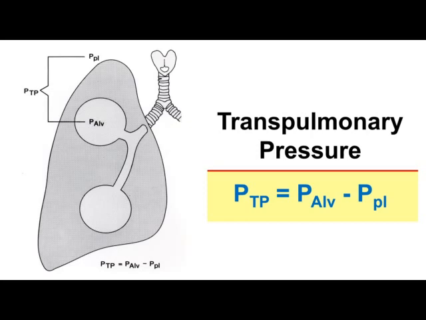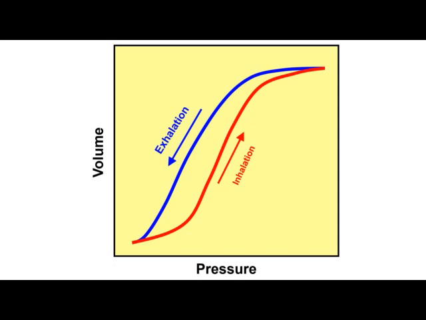Now, we obviously can't get a catheter into the alveolus to measure this, but if you have no flow, then the pressure at each end of a tube is equal. So in this case, mouth pressure minus pleural pressure gives us basically transpulmonary pressure. And this is what a so-called pressure volume curve looks like.